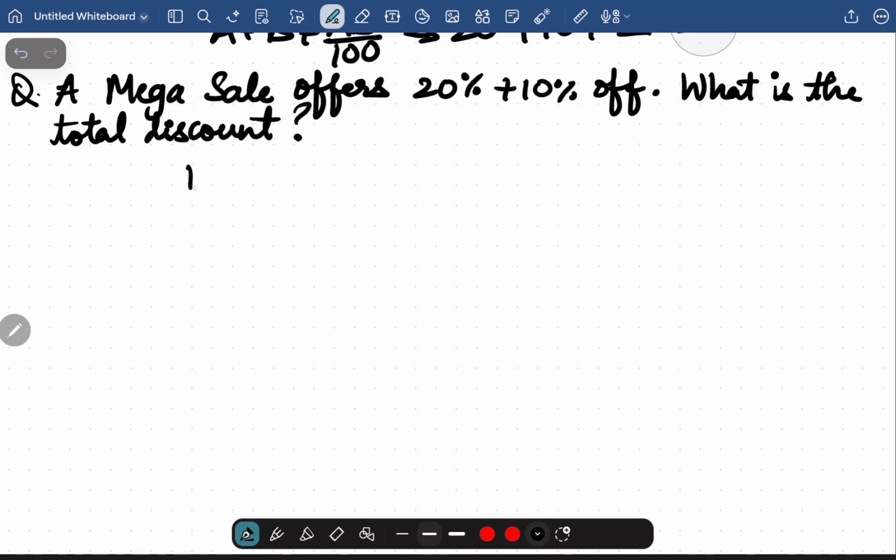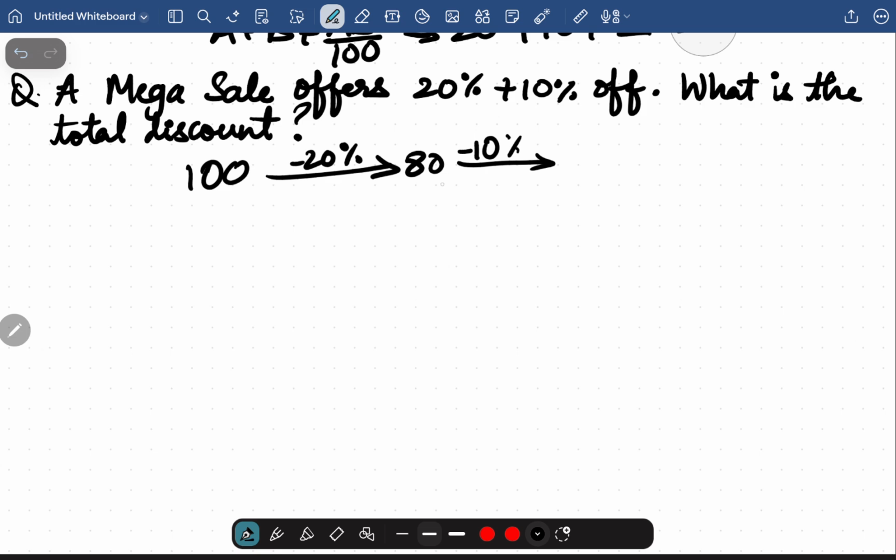So now let's assume a product which is like 100 and it offers a 20% first. It means minus 20%, which is 80, and minus 10% means what is 10% of 80? It's 8, right?